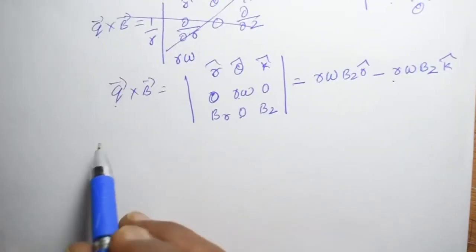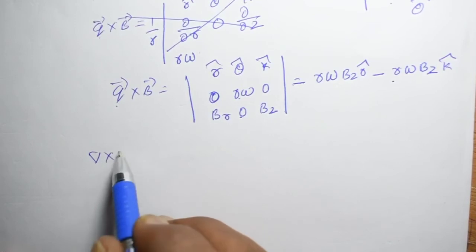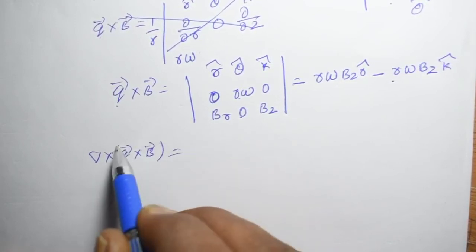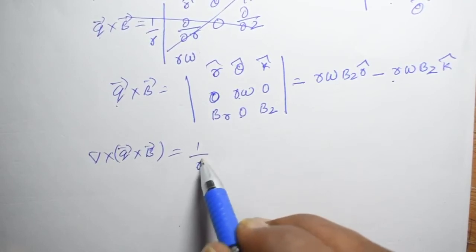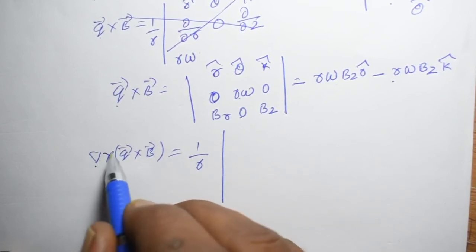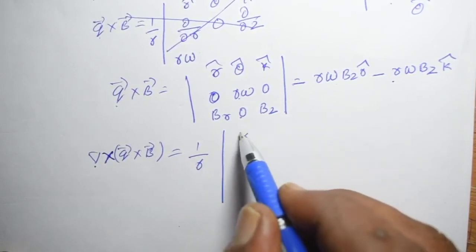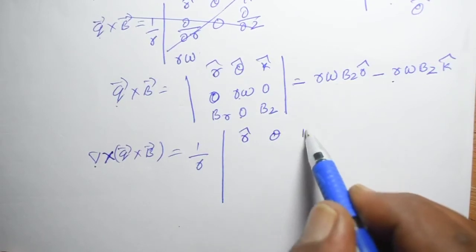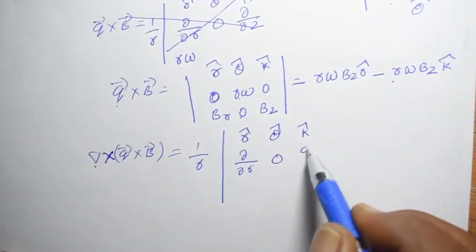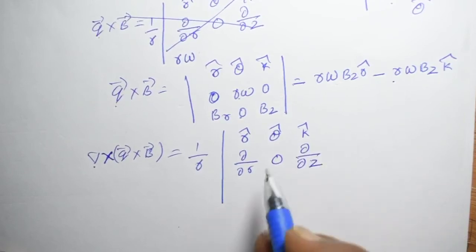Now you can find the curl of q cross B. The curl of q cross B is equal to 1 by r into the determinant with r, theta, k, del by del r, theta component 0, del by del z, right?